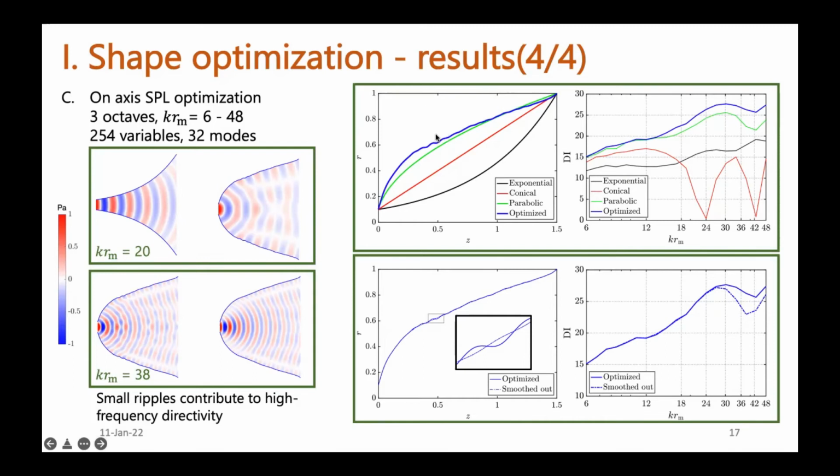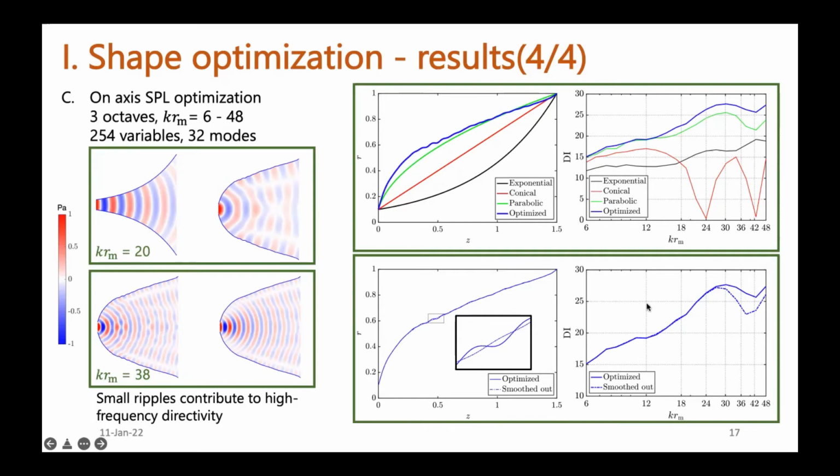And a question is, if we smooth out these ripples, how would the DI spectrum be influenced? We conducted it, and you can see the zoom of the small features of the original optimized shape and the smoothed out shape.